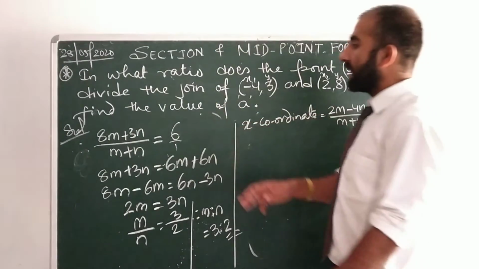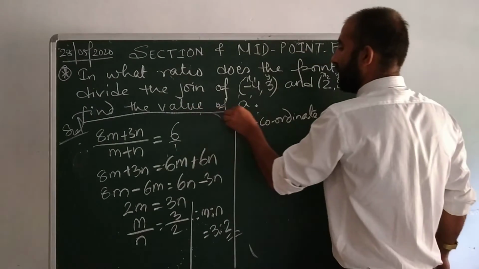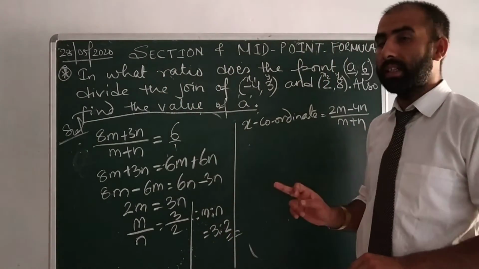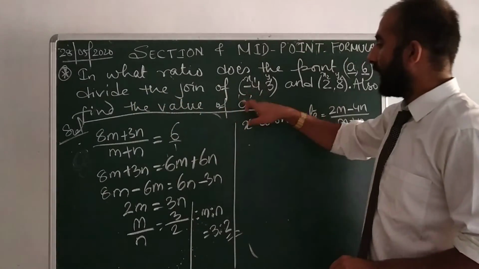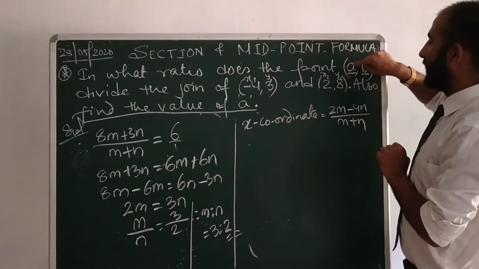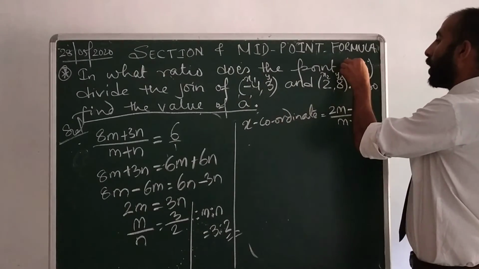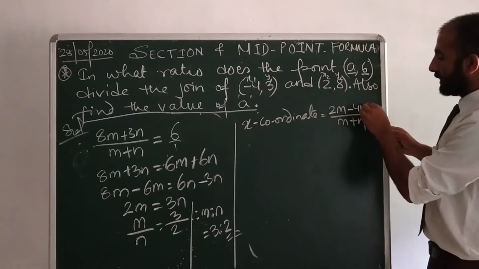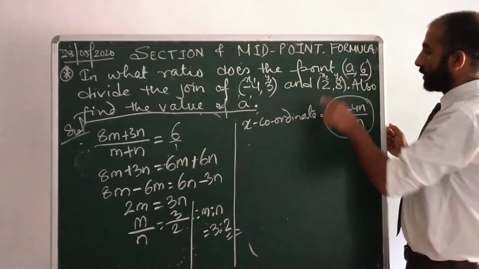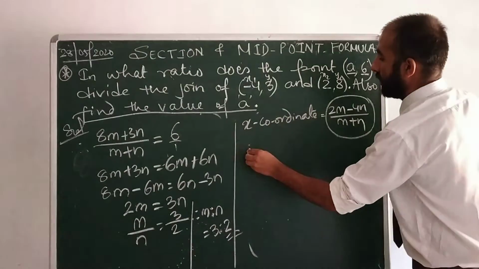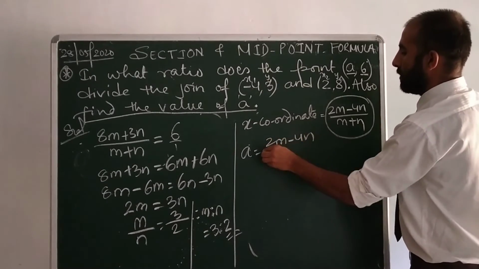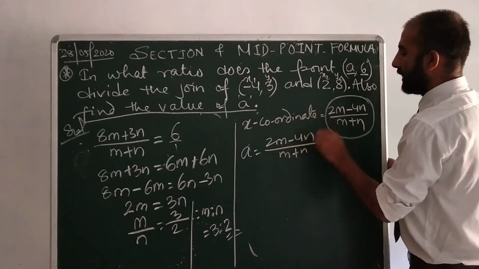Okay, we have one connected question out here: find the value of a. We got the ratio as 3 is to 2, isn't it? So find the value of a. That means one unknown quantity a is given here. We have to find the value of a also. That means the x coordinate also we have to find. We know that this is your x coordinate, isn't it? So a equals 2m minus 4n by m plus n. Let's see.